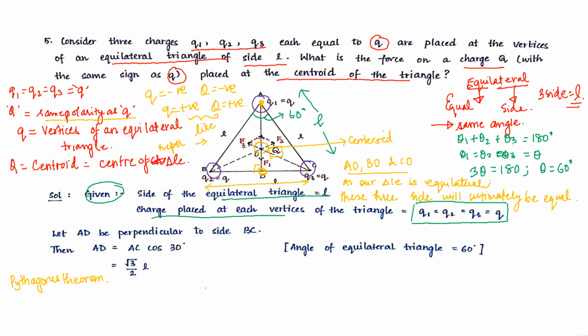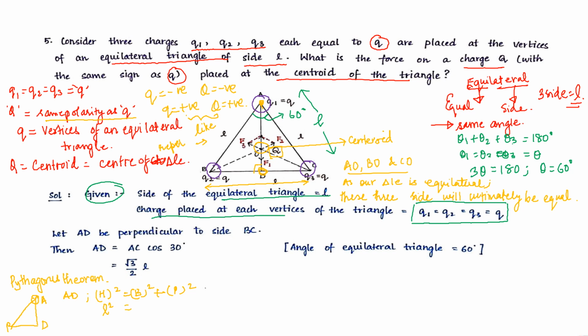First of all, we will find the value of AD. For that, see the diagram: here we have A, D and this is B. According to Pythagoras theorem, hypotenuse square equals base square plus perpendicular square. What is the value of hypotenuse? It is L square. What is the value of base square? It is half of the total base.